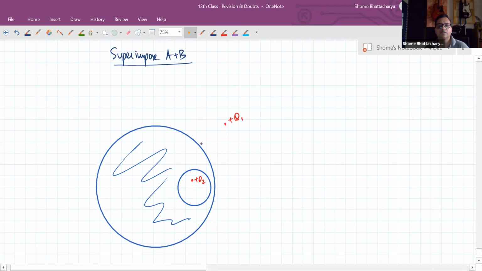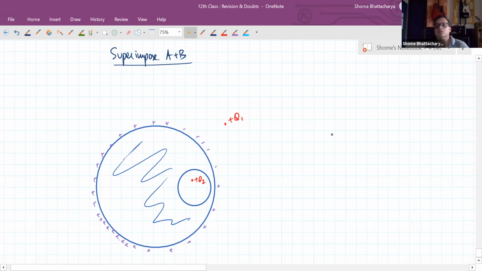There might be a bit of negative charge here, but predominantly it will be positive charge. And much more dominance of positive charge. Something like this.